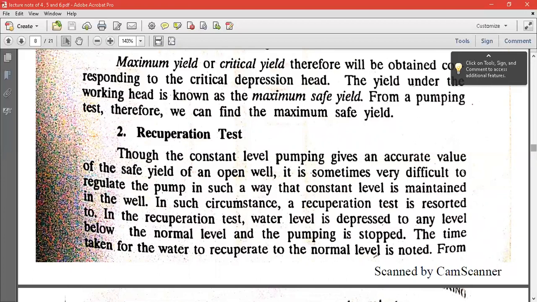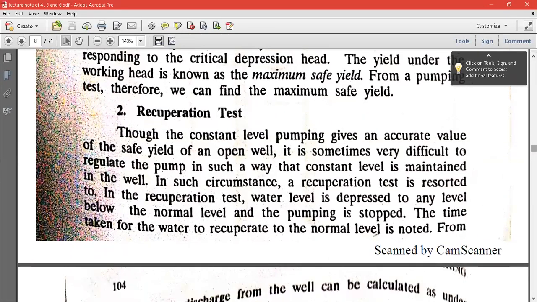In the recuperation test, the water level is depressed to any level below the normal level and the pumping is stopped, as I have shown you in the figure. The time taken for the water to recuperate to the normal level is noted down.